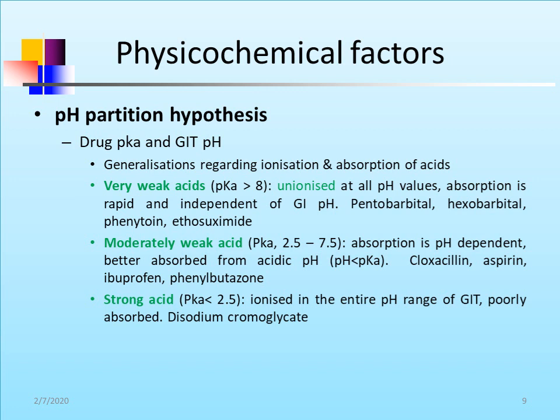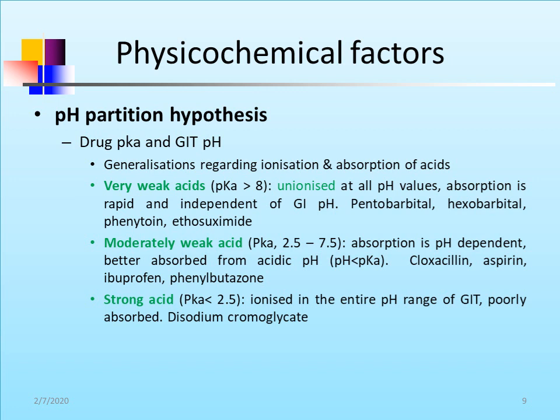Let us see certain generalizations regarding ionization and absorption of acids. Very weak acids with a pK greater than 8, for example pentobarbital, hexobarbital, phenytoin, ethosuximide, are unionized at all pH values, and the absorption is rapid and independent of gastrointestinal pH.